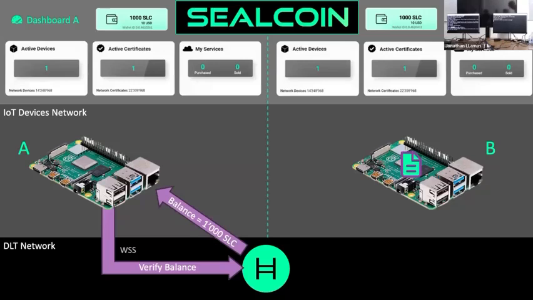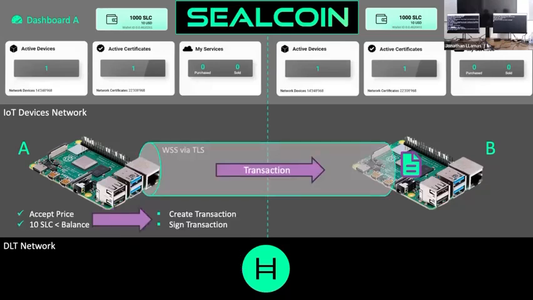Once we have that, device A will do a couple of things. First, it can accept the price or refuse it and say 10 SEALCOIN is way too high, I don't want to buy, and no transaction. Let's assume we say 10 SEALCOIN is good, I want to buy this data for this price.